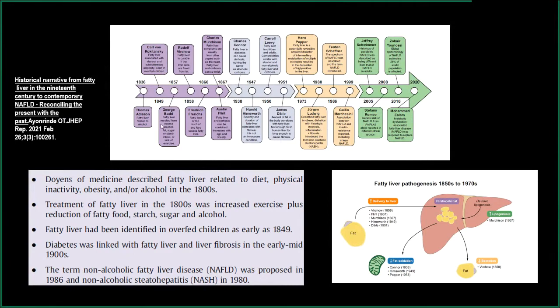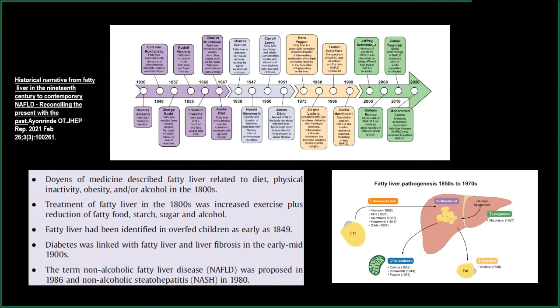Another name which many of you might know, or maybe not, is Austin Flint. We have heard of the Austin Flint murmur, if you know anywhere, you would have heard about it. But Austin Flint was also the chairman of medicine at University of Louisville from 1852 to 1856. So his name was also included there.